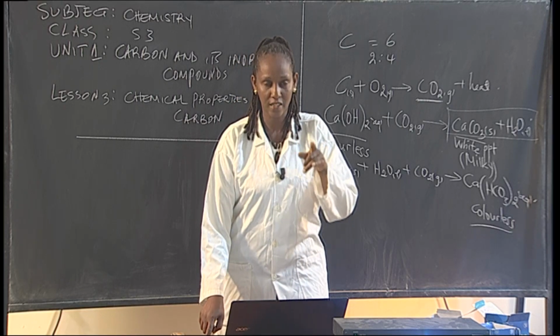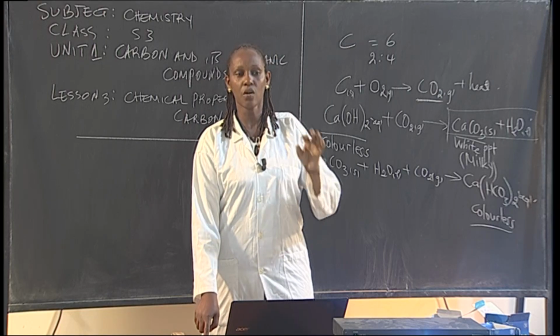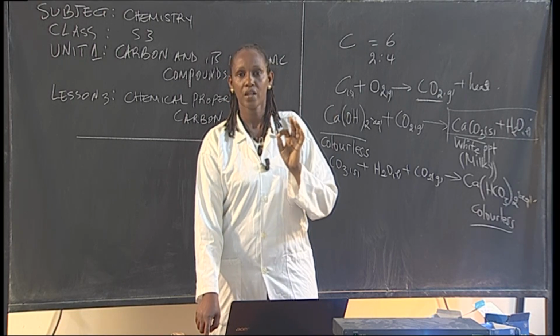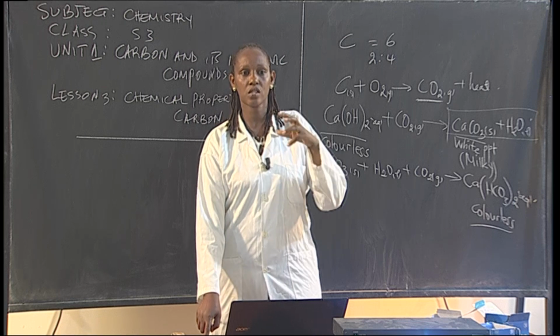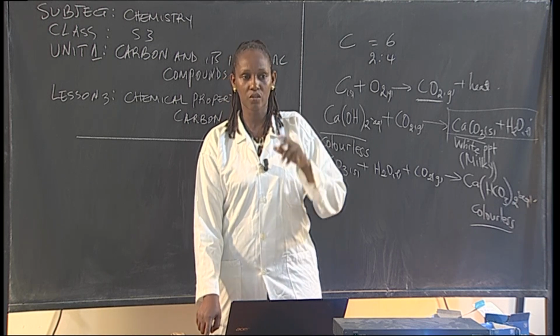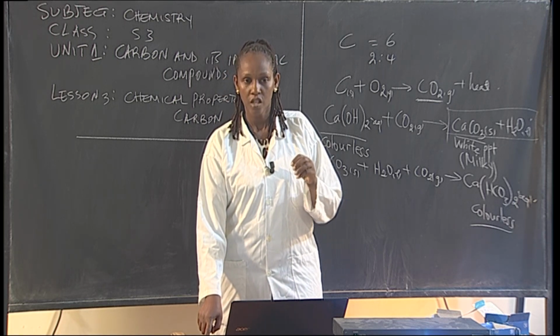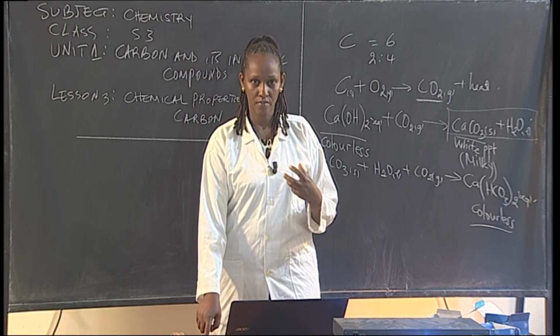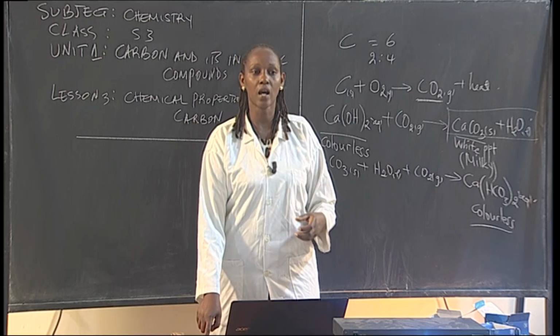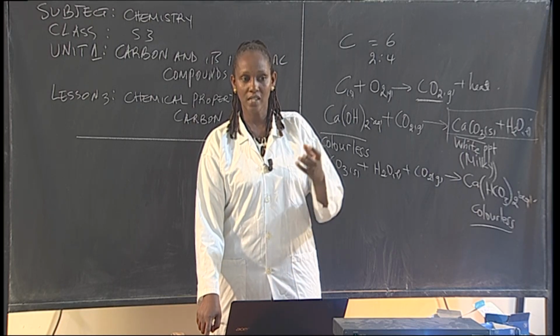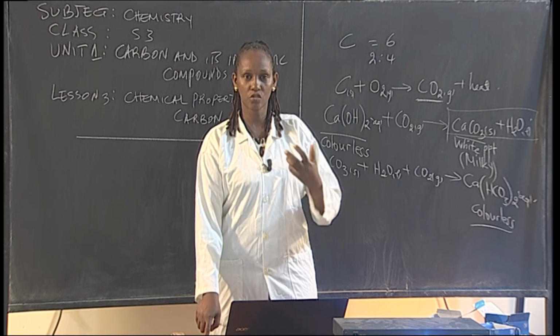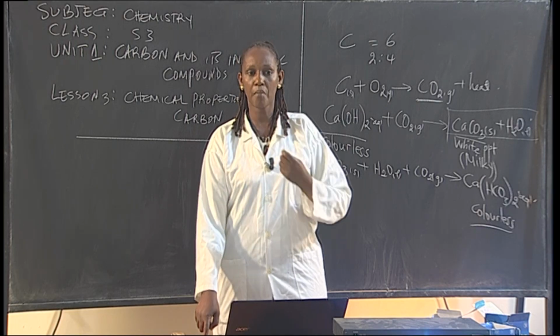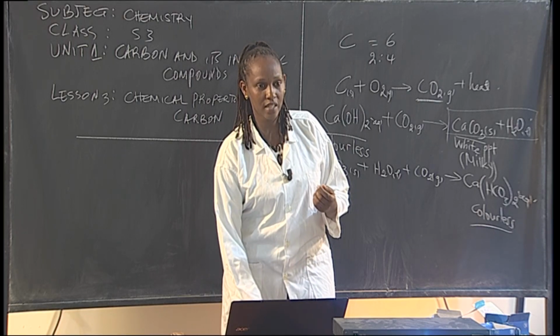It means that the carbon reduced the iron 3 oxide and oxidized itself to carbon dioxide. So the oxygen that was on iron 3 oxide was captured by carbon, that is oxidation, to form carbon dioxide, as you can see from the slide there.